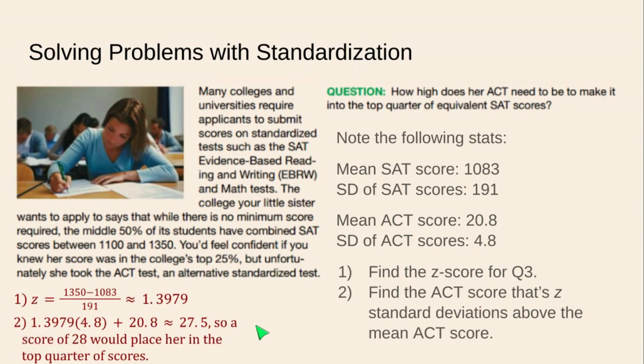Now, if you know about the ACT, there's no such thing as a half of a point on the final scoring, so you would want a score of 28 or higher, and that would place you into the top quarter of scores. So the score corresponding with a 1350 on the SAT is a 28 on the ACT, assuming all of this information is true and accurate.